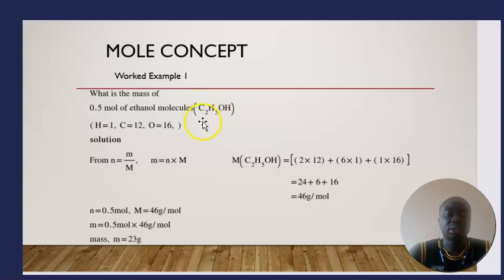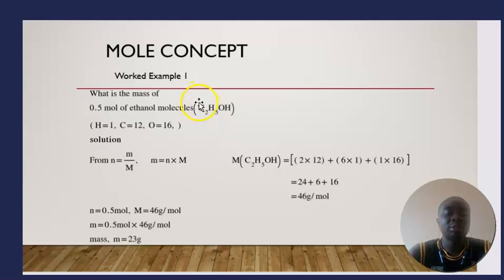we have C2H5OH. So we say we have three elements. What are the elements? Carbon is one element, hydrogen is one element, and oxygen is another element. So the fact that I have hydrogen here does not mean that the elements are four. No, they are the same hydrogen. So we have three elements: carbon, hydrogen, and oxygen.